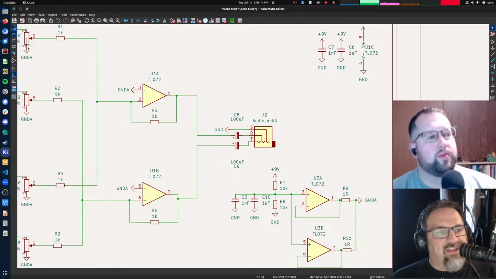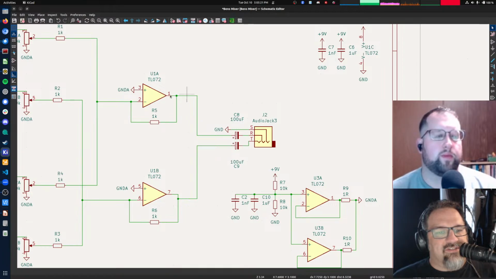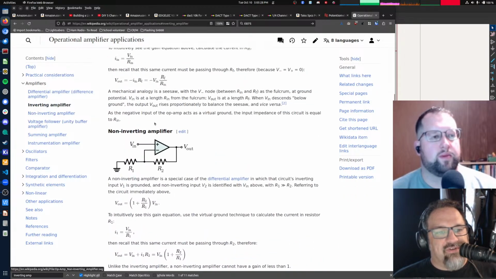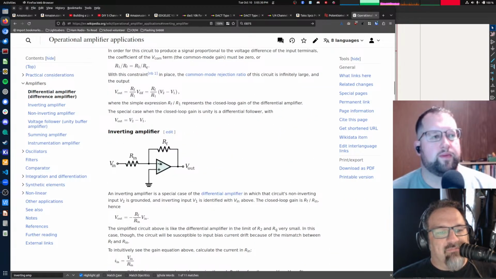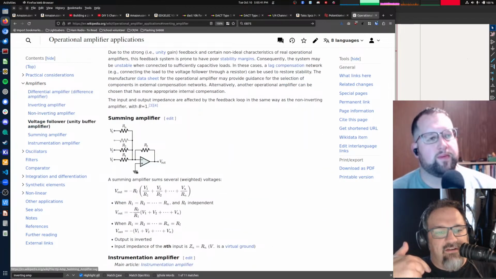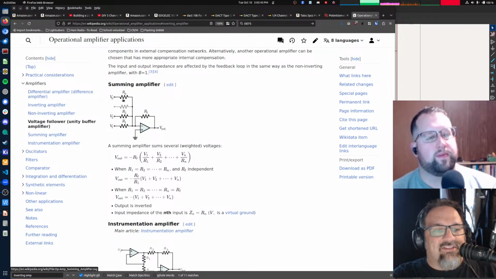We've got some input here on these volume knobs through a couple of resistors into a bus, into the negative input, and then a feedback resistor going to the output. That's all we've drawn here, this summing amplifier. And that summing amplifier is just a special case of the inverting amplifier where you've got more than one input resistor. If I tack another input resistor here, it looks exactly the same as the summing amplifier. Or maybe I should say that the inverting amplifier is a special case of the summing where you only have one input.